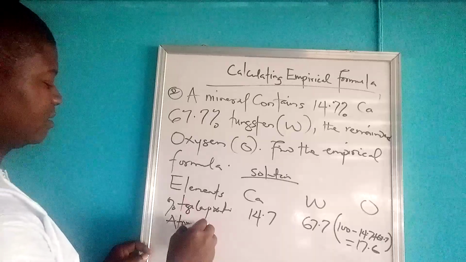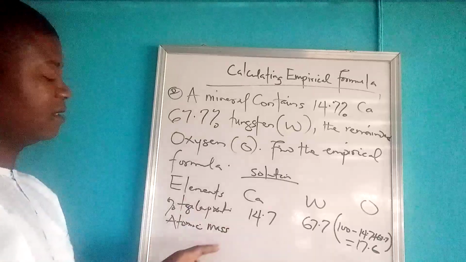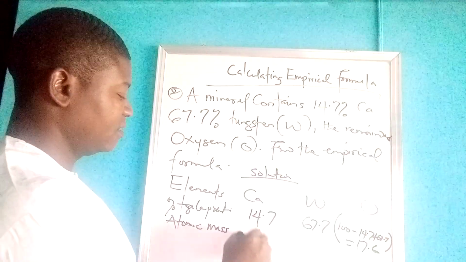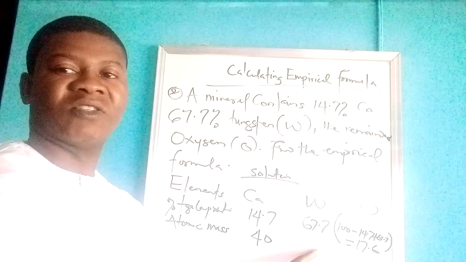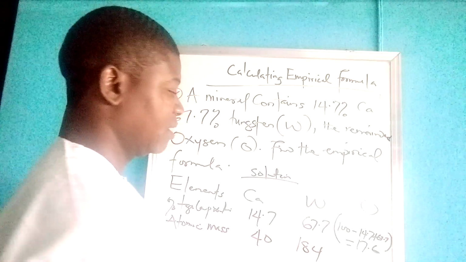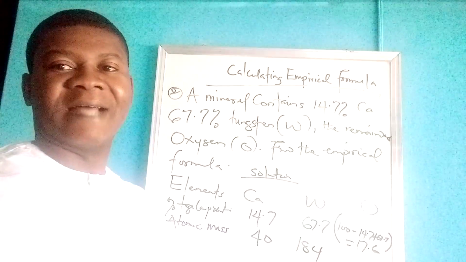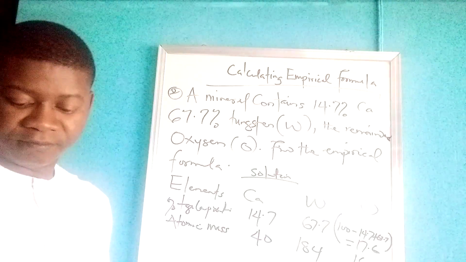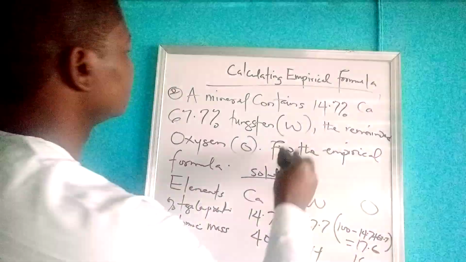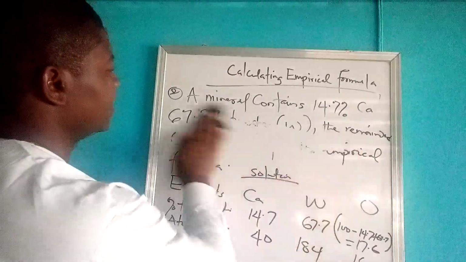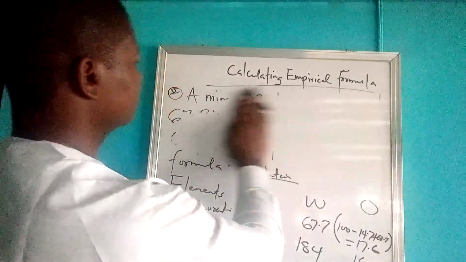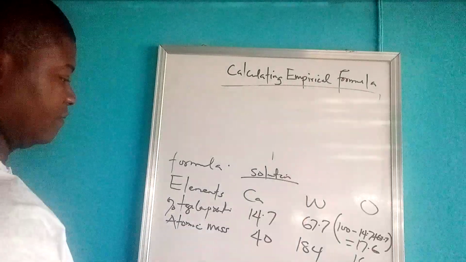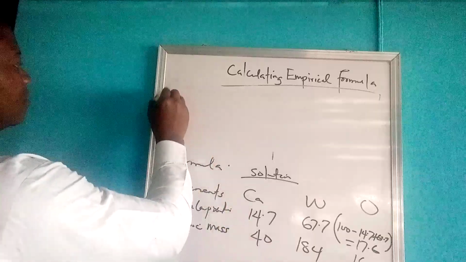All right, so the atomic mass for each of it: of course, we know that calcium has atomic mass of 40, tungsten has atomic mass of 184, and oxygen has atomic mass of 16. So from there, we have the number of moles.